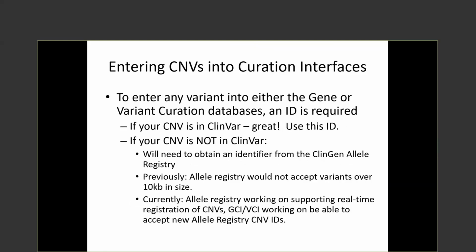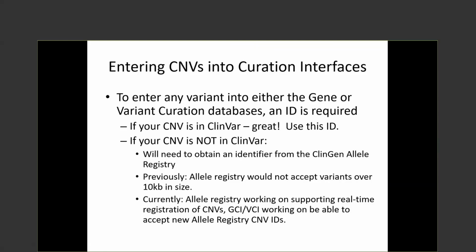Currently, if you would like to include this type of information in, say, a gene curation, you will need an identifier. And if your CNV is already in ClinVar, that is great. You can use the ClinVar ID as you normally would. If your CNV is not in ClinVar, you would need to obtain an identifier from the ClinGen allele registry.